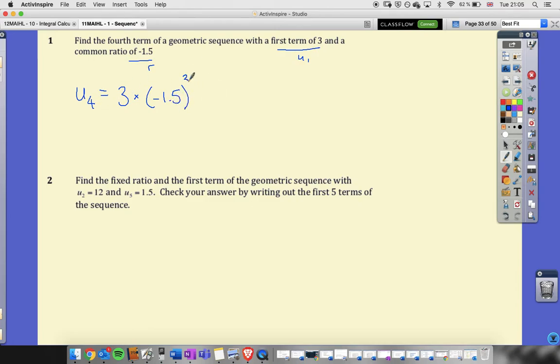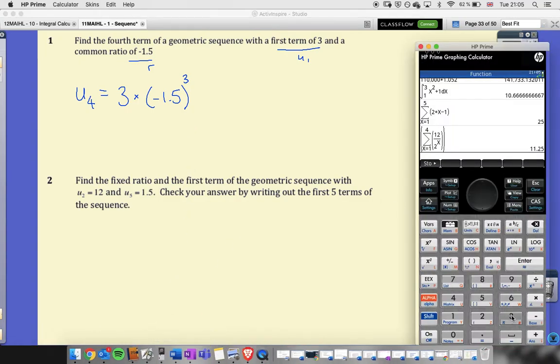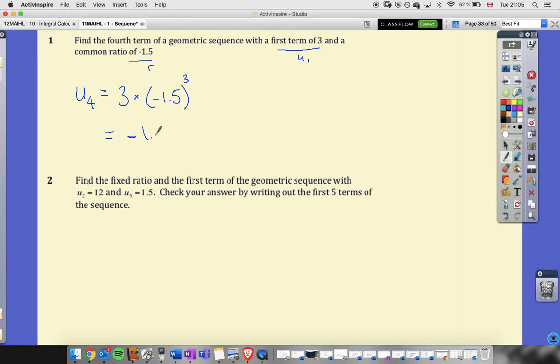So 4 minus 1 is 3. Then we go to our calculator, being careful with putting this negative value in brackets. We get negative 10 and an eighth, negative 10.125. Okay, very straightforward first example.